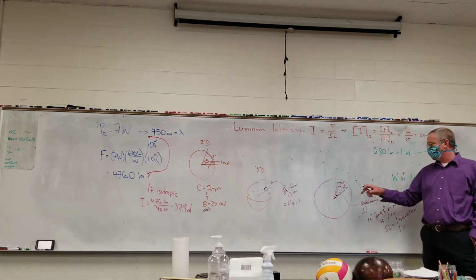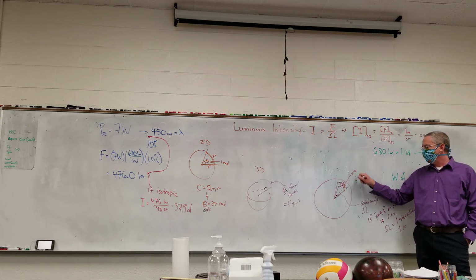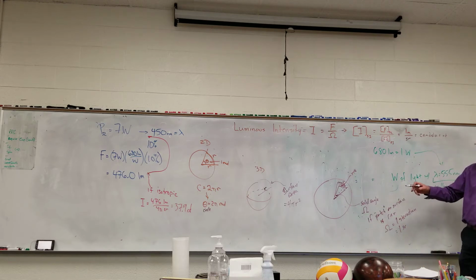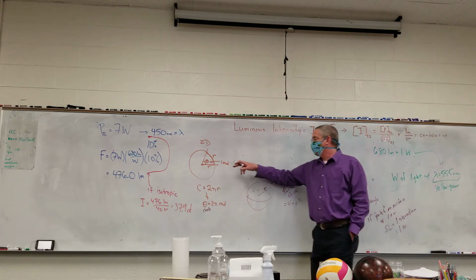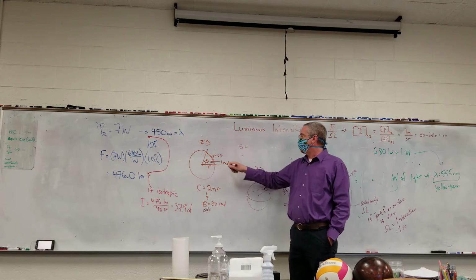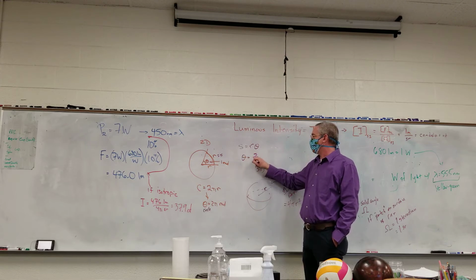Bring it back to the solid angle. So if I've got my little patch here of r squared, and it's 4 pi r squared around the whole thing, that's why it's 4 pi steradians for an entire sphere. Just like over here, I know that my arc length is equal to r theta, so my angle is equal to my arc length over r.